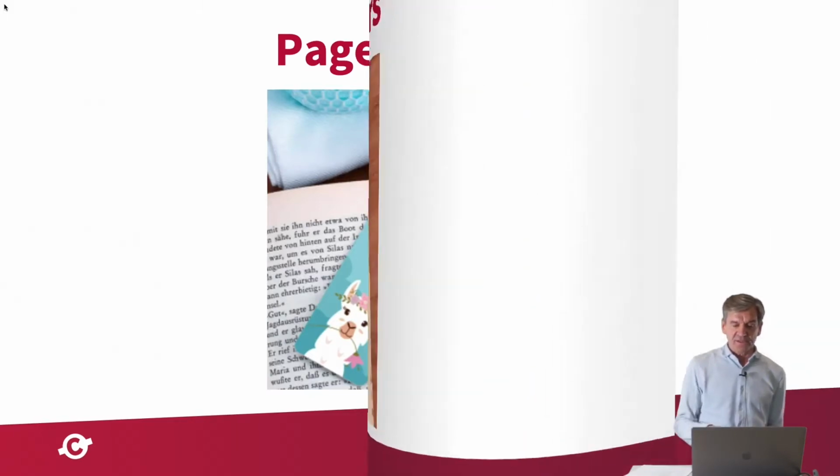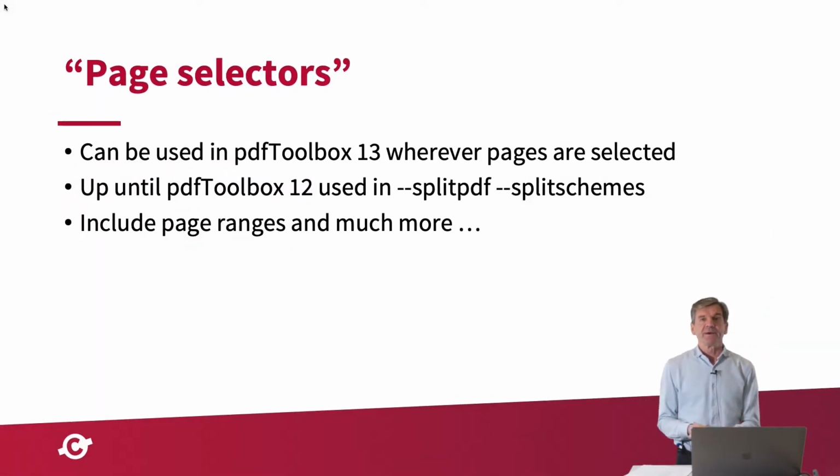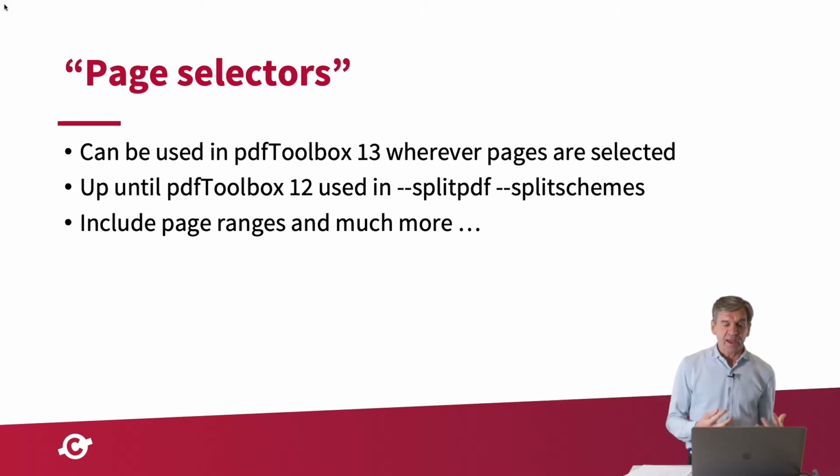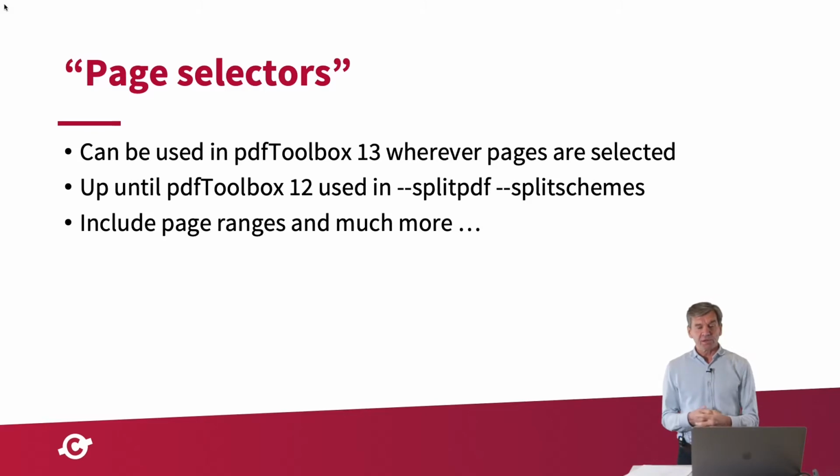So what actually is a page selector? A page selector is something that you can use in pdfToolbox 13 whenever you select pages. Page selectors are the same as what was introduced a long time ago and was also available in pdfToolbox 12 as a split scheme.